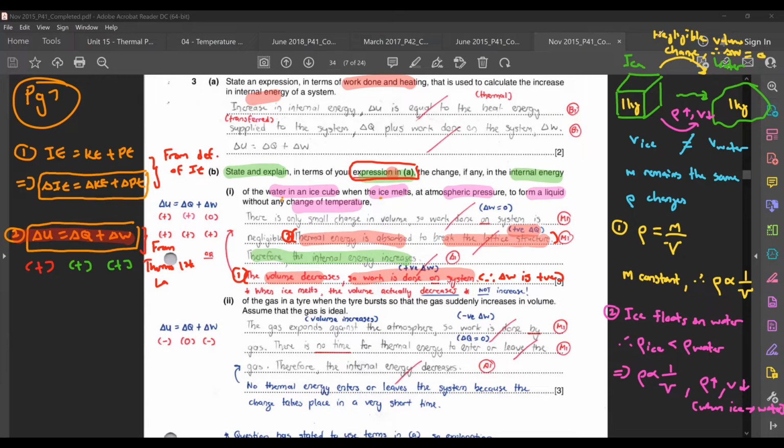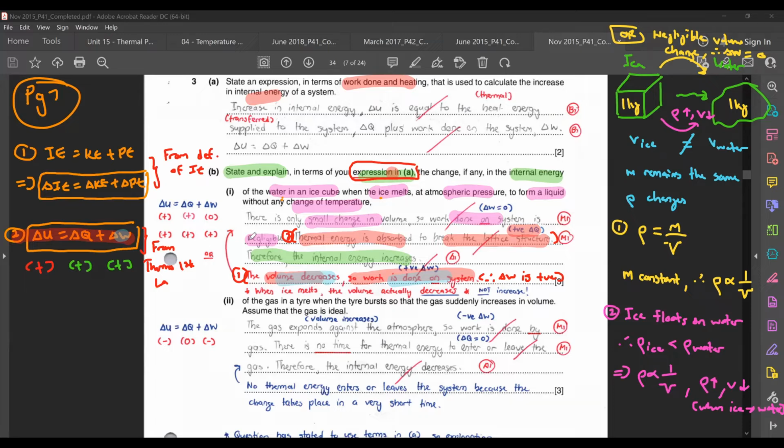Okay. This is another different way of thinking about it, which is actually what is written in pencil here. If you're talking about the work done and then you relate to the volume, either you say the volume decreases, so work is done on the system, or you say there is negligible or only a small change in volume, so work done is negligible. Okay, you can also say this.